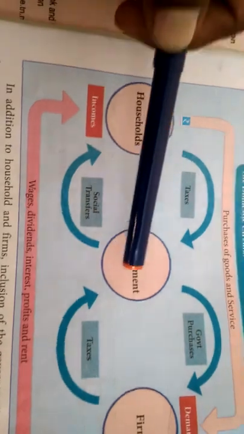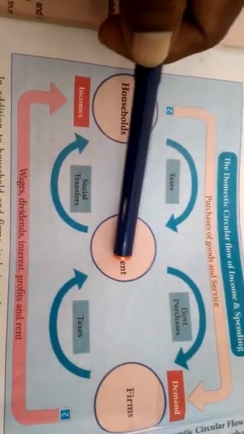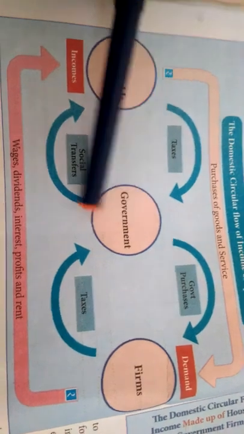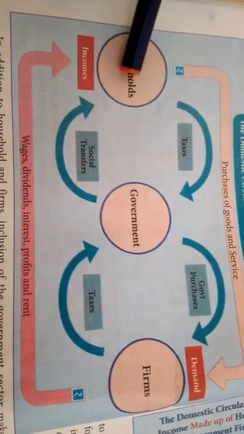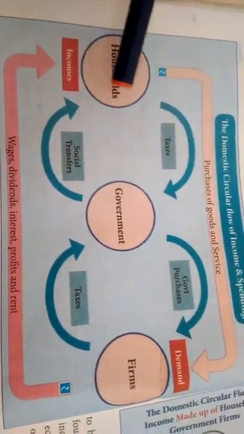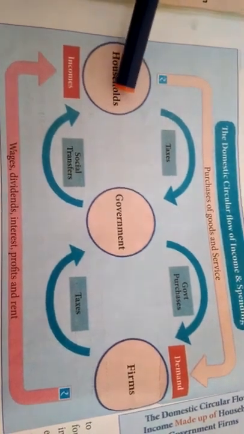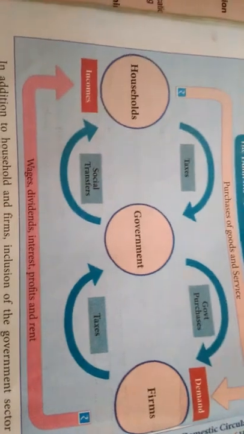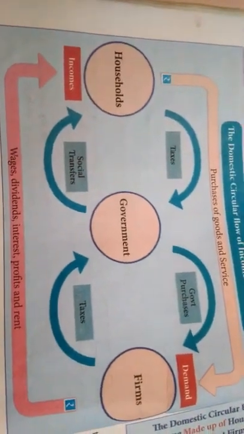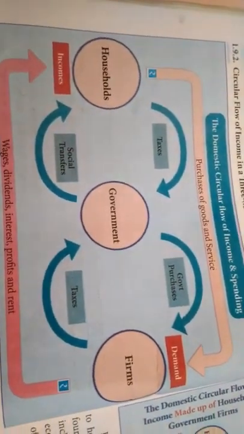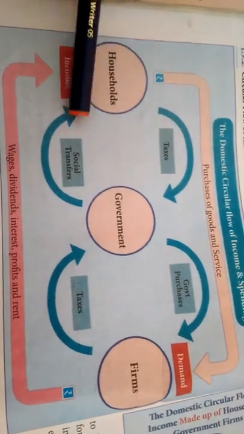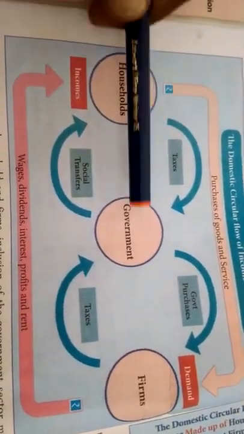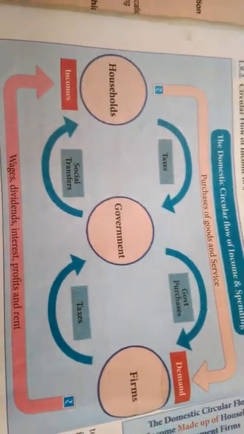By receiving the tax from the firms, the government provides social transfers. Social transfers mean the welfare activities or welfare measures for the household sectors: education, road facilities, hygiene and toilets, and many other infrastructure facilities given to the household sector by the government.